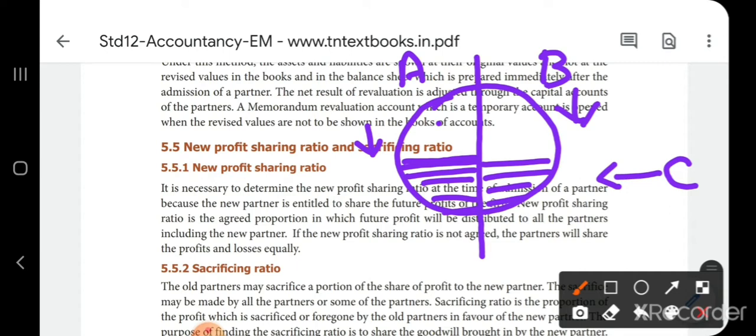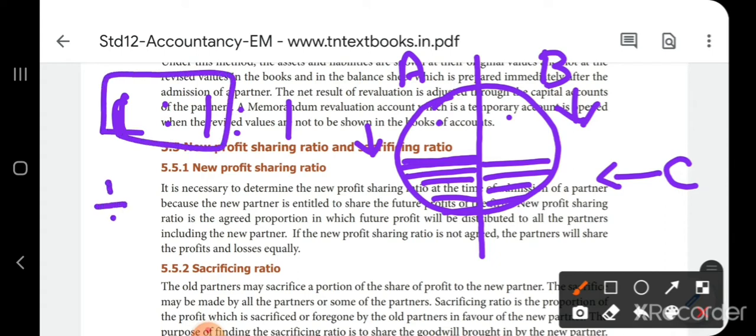Now what happens in this cake? A and B were sharing in the ratio of 1:1. When C comes in, he is also getting one share in the cake. So the ratio becomes 1:1:1. Earlier the ratio was 1:1, meaning A used to get 1/2 and B used to get 1/2 of the share.